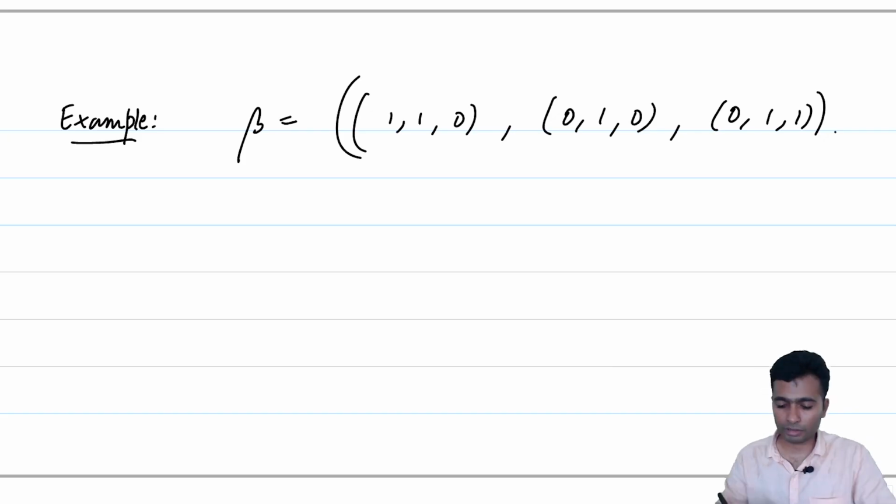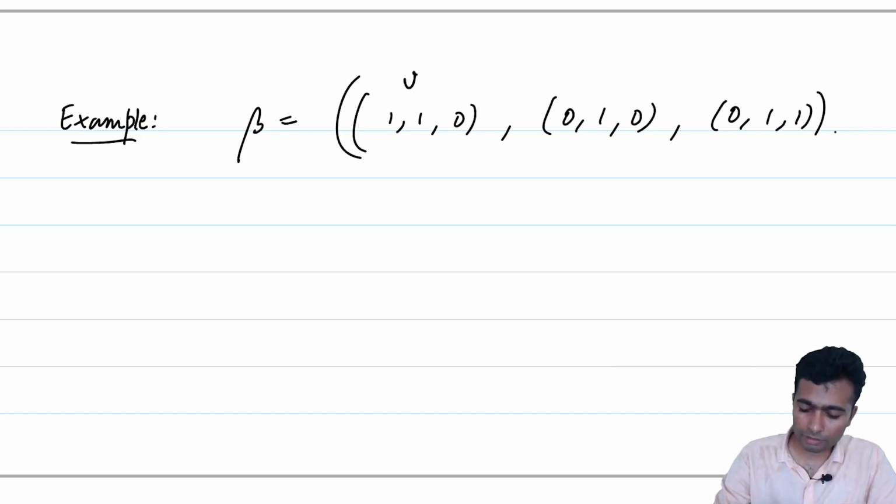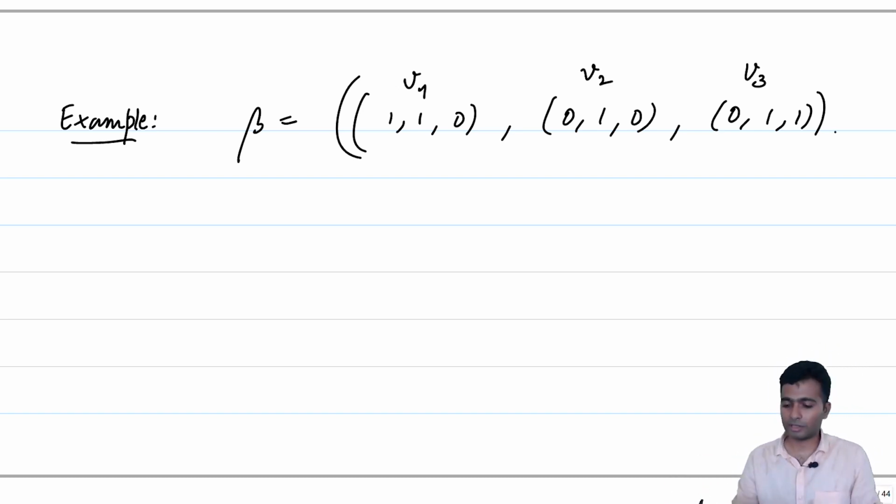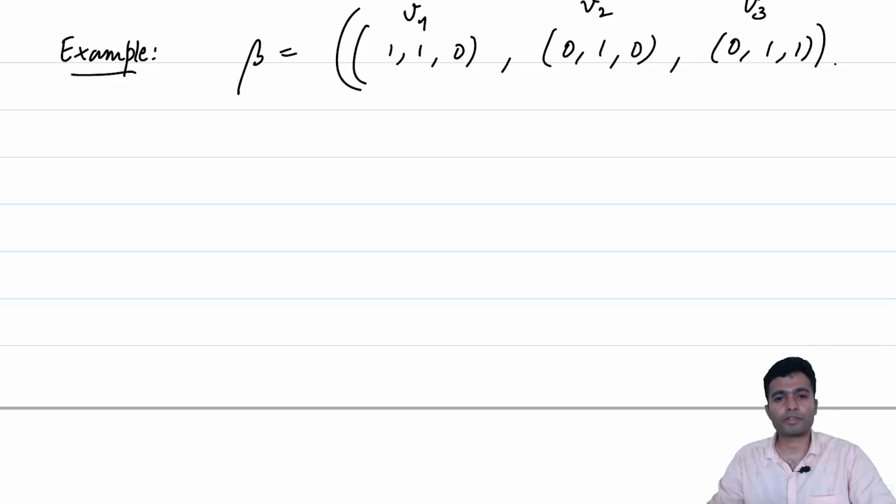Let these be our 3 vectors. This is our v1, this is our v2 and this is our v3. We know that this is a basis, or we can check that this is a basis. So let's now get hold of an orthonormal basis from beta.